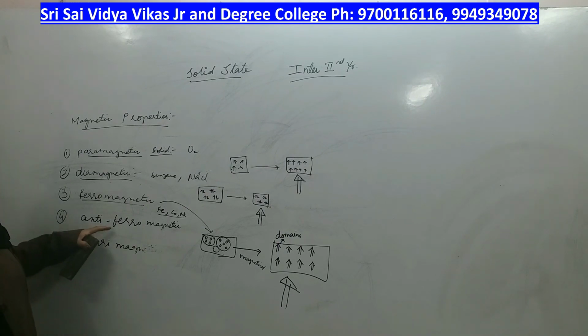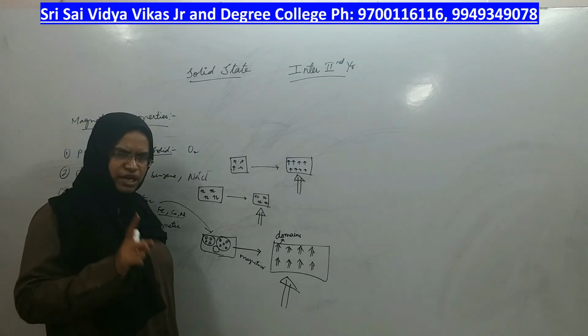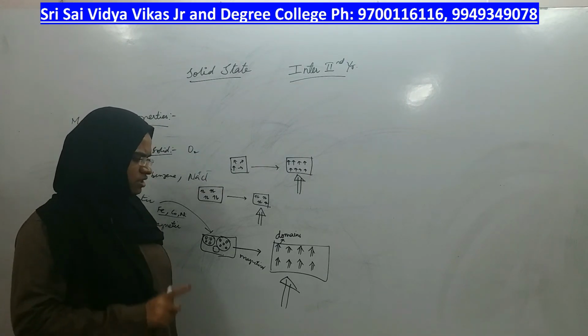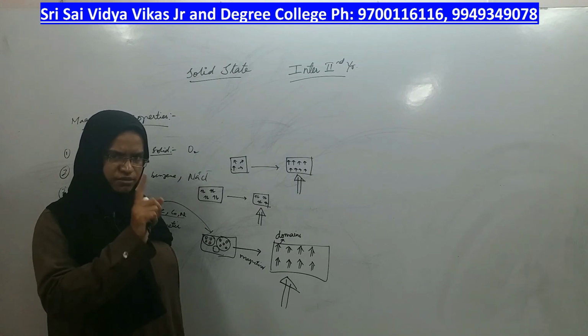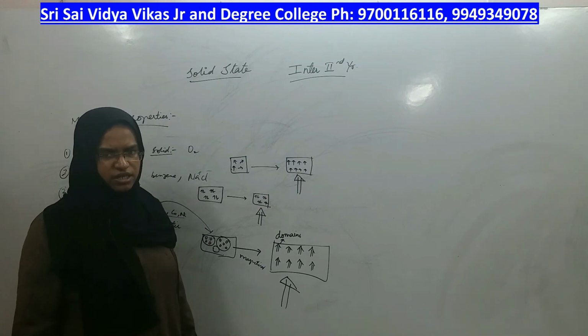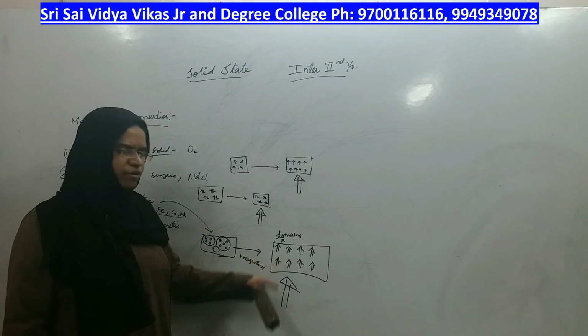Right? Coming to the next type of substances called antiferromagnetic. The difference between ferromagnetic and antiferromagnetic is, in the presence of a magnetic field, the domains were aligned along with the magnetic field in ferromagnetic compounds.